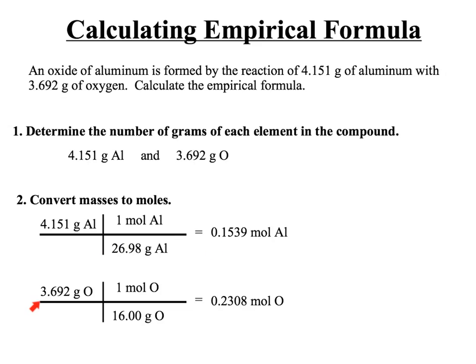Likewise, we need to convert 3.692 grams of oxygen to moles of oxygen. We know that 1 mole of oxygen weighs 16 grams, since 16 is the weight of oxygen from the periodic table. Again, grams cancels. We are left in moles, so we have 0.2308 moles of oxygen.